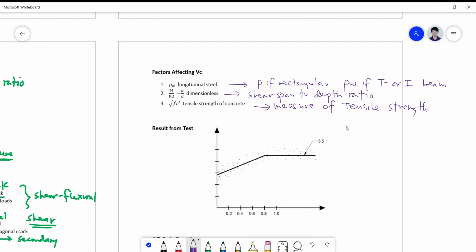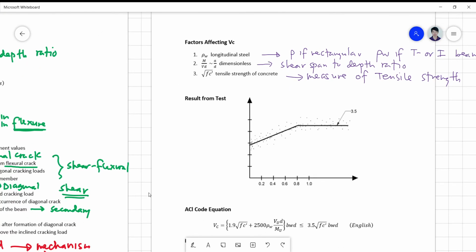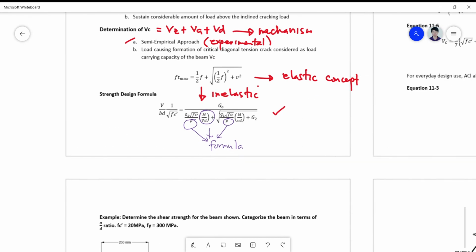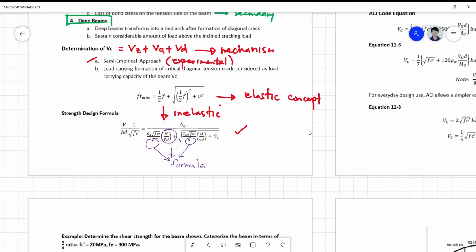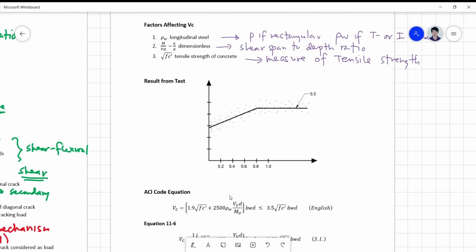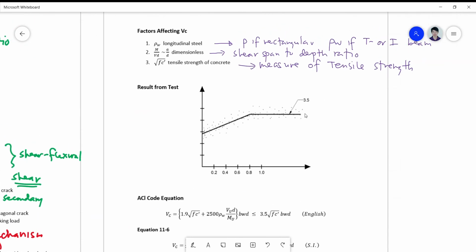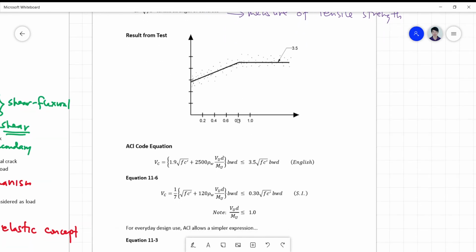Okay, so this equation here, class, by the way, is actually represented by this graph here. Okay, so you just look into this graph, and if you look at this plot, it will now be converted into a solid bilinear plot, which is this one here. Okay, so we will not derive it because this is experimental.